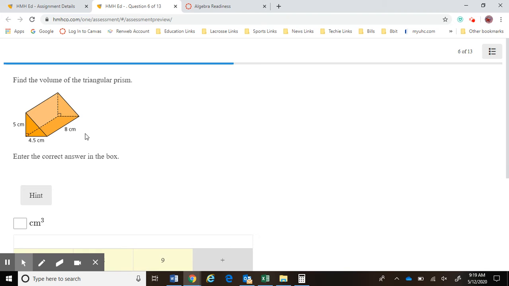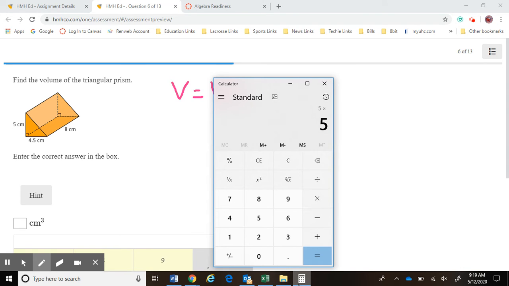Again, we've done this problem already. Find the area of the base, multiply it times the height. Again, I'll write the formula out for you one more time. V equals capital B multiplied times H. Again, that's a triangle, so 1/2 base times height. 5 times 4.5, and we're simply going to divide that by 2.